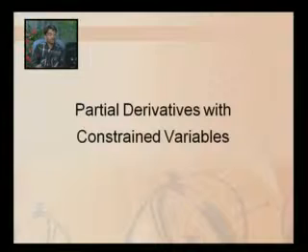Okay, now our last topic of today is partial derivatives with constrained variables. Normally we know how to get the partial derivative of any variable with respect to any variable, right? But if there are some constraints, some conditions which we need to follow to find the partial derivative, then we have to proceed in this way.